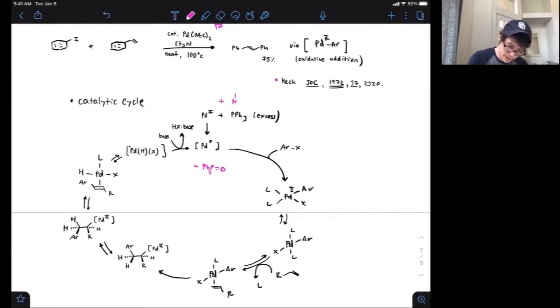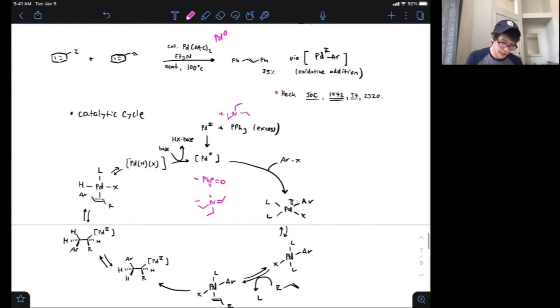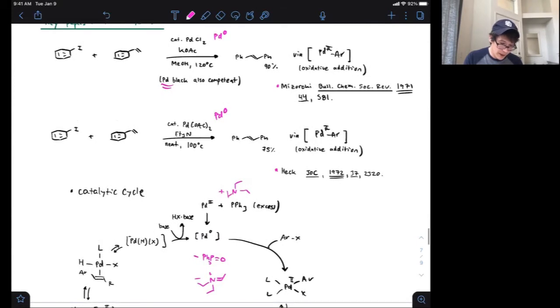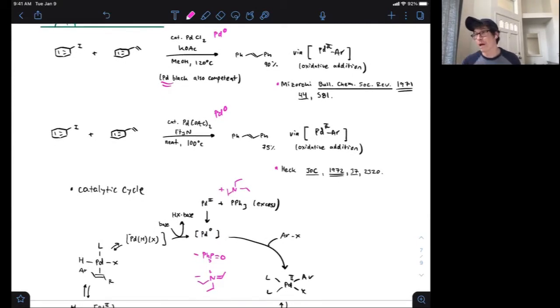So let's say in this case where we have ethylamine, then what can be generated is something like this. So the amine is the sacrificial reductant in that case. And then likewise, you could draw an analogous process where methanol could serve as the sacrificial reductant in the Mizoroki case.